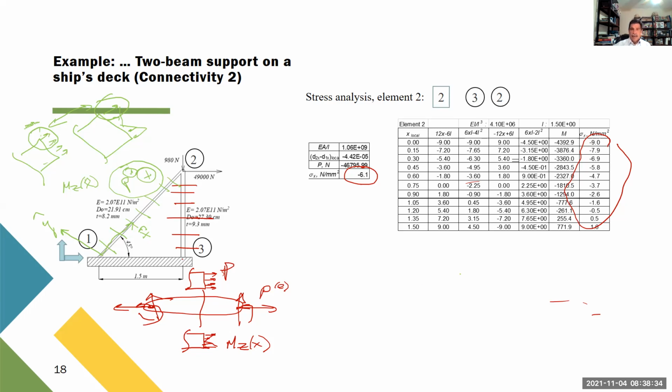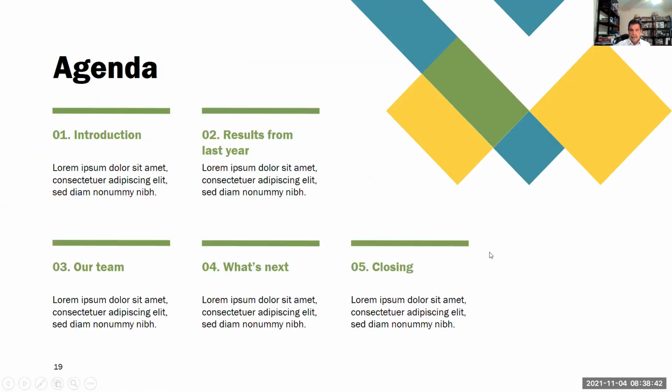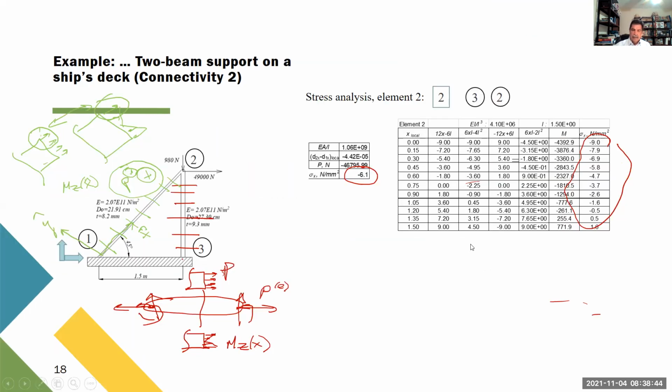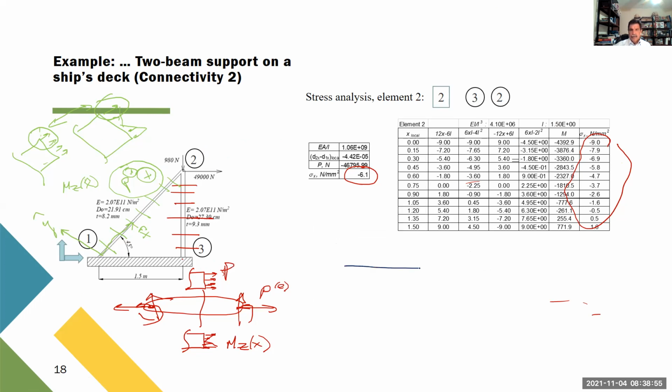Right here, let me try to identify where is my pen. Let me draw with color. Okay, so this is the section, okay, and we have this.